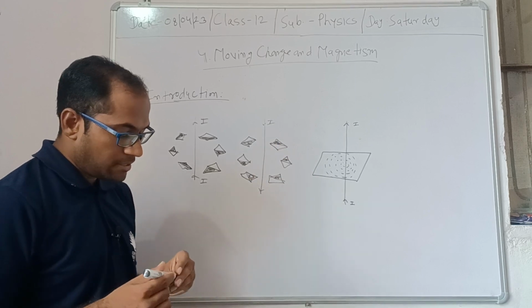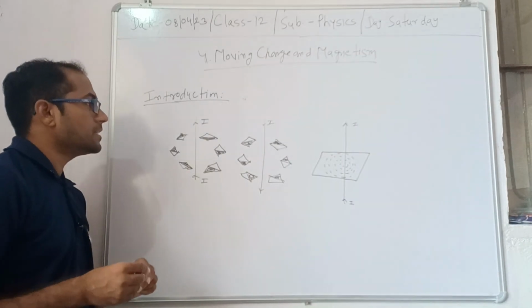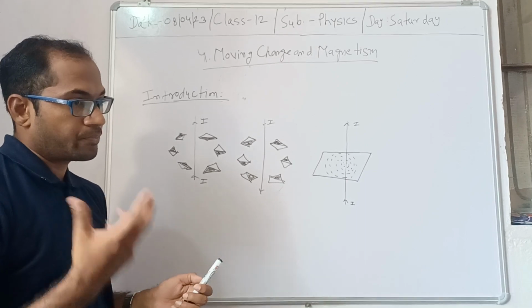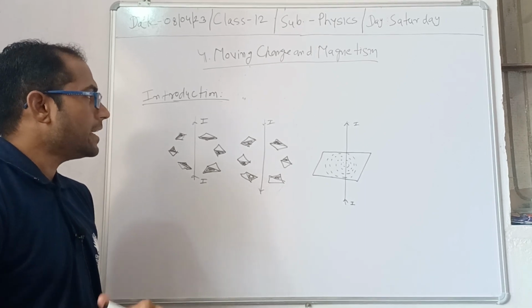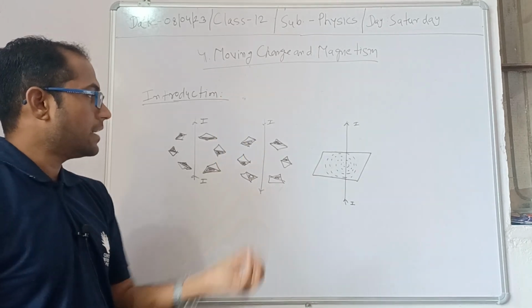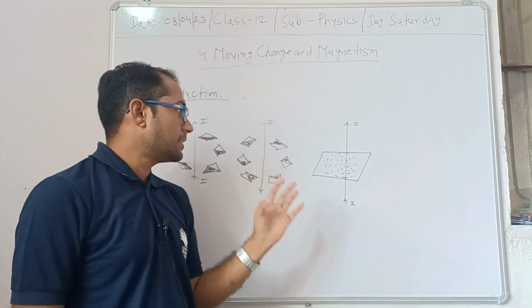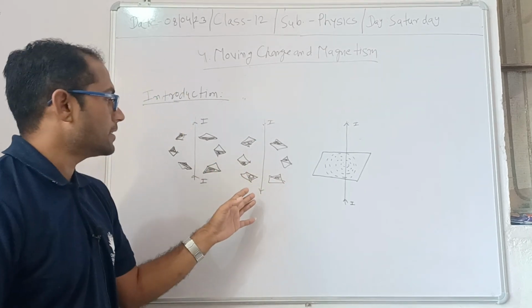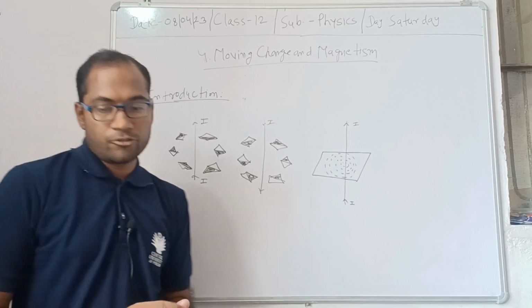So this is the basic introduction of why a current carrying wire generates a magnetic field.